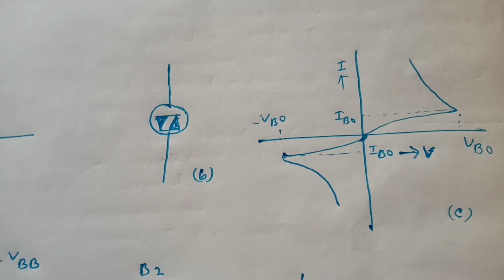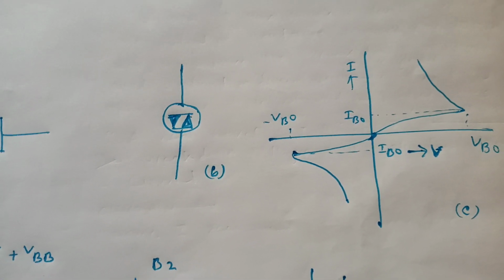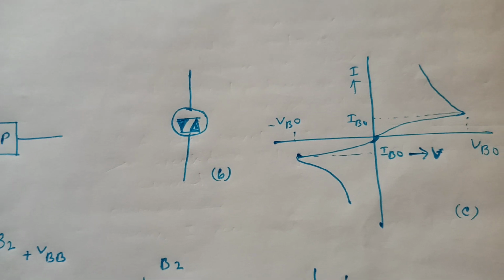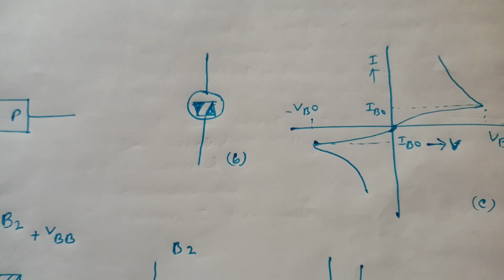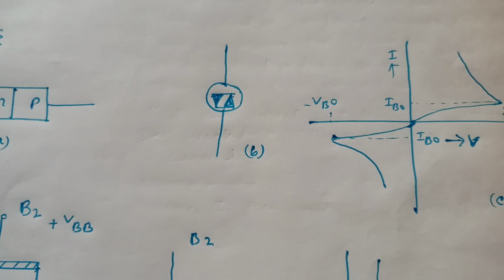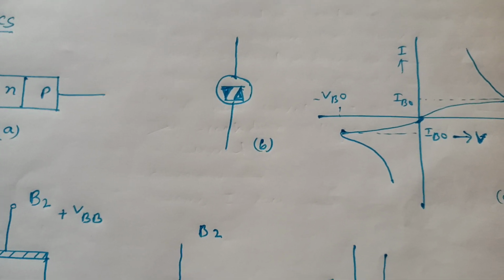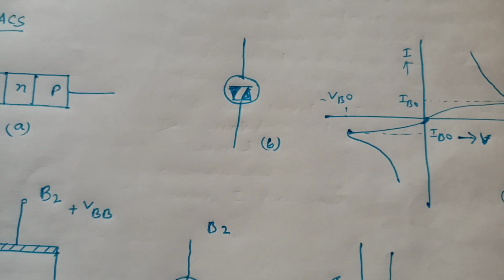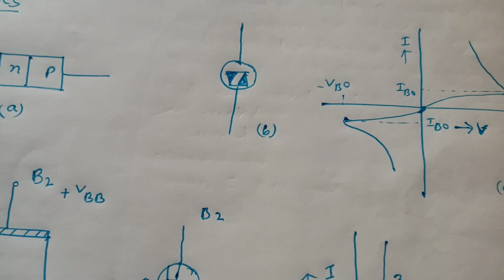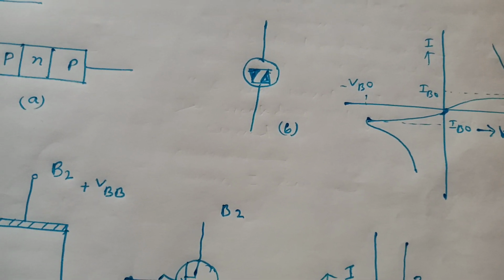The current flowing through the device will be the reverse saturation current, because through the reverse-biased junction the forward current cannot flow.